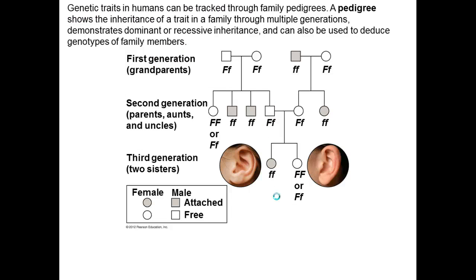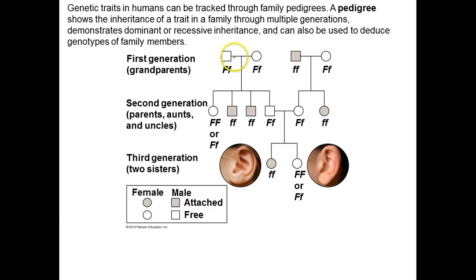Okay, now let's move on to pedigrees. There's a different way besides making Punnett squares. You can chart out a family tree using a pedigree chart. So we use symbols. A circle colored in is the affected female. A square colored in is the affected male. A circle that's not colored in, or a square that's not colored in, means it does not show that particular trait.